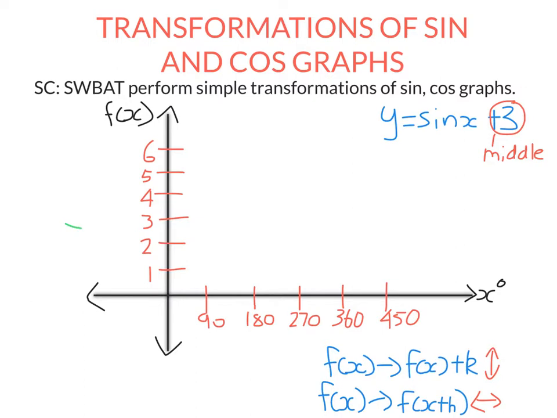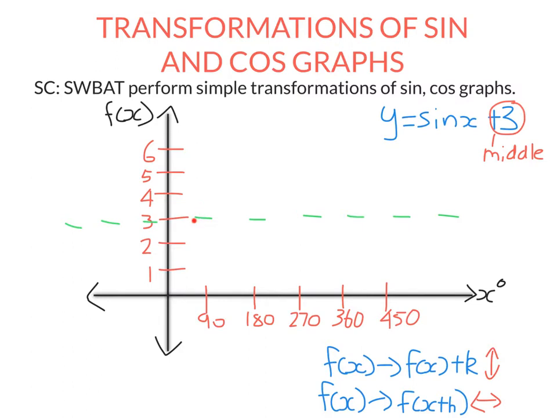So the graph's middle, like its mean position, is going to be along this line here. Now we know that for y equals sine x, it lives between 1 and minus 1. Its maximum value is 1, its minimum value is minus 1. So shifting it up by 3, this graph is going to be between 4 and 2.